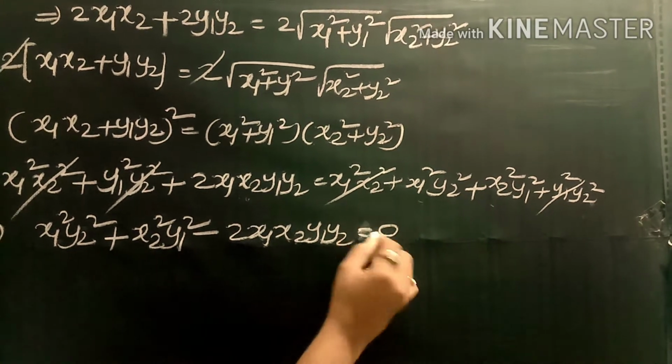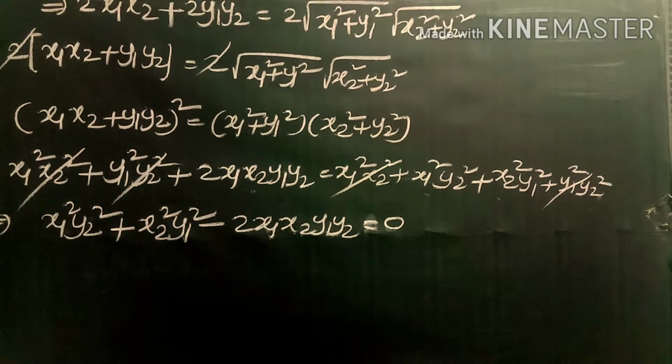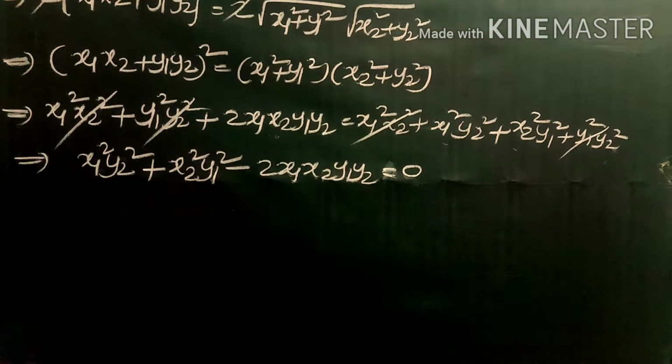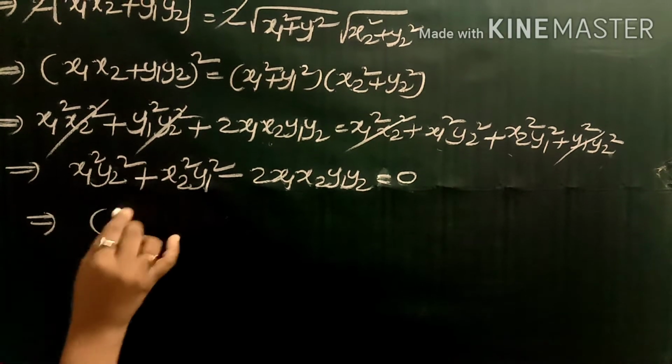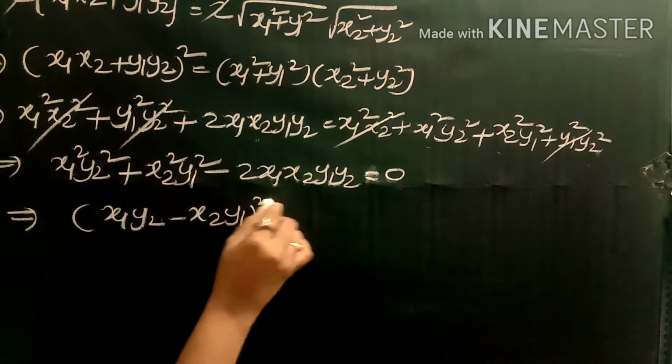Taking these two terms, minus this value, minus 2x1x2y1y2 is equal to 0. Now this is in the form of a square plus b square minus 2ab, which becomes a minus b whole square, which gives x1y2 minus x2y1 whole square is equal to 0.